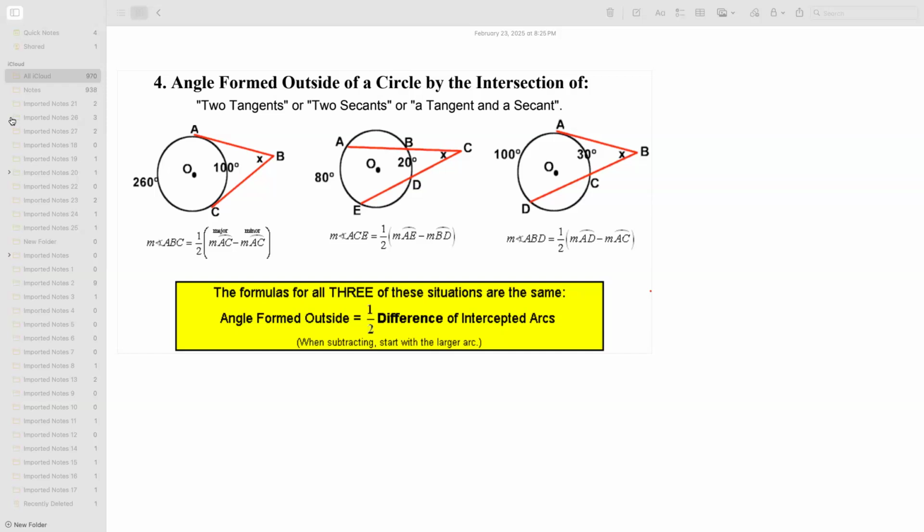Let's try this one. Okay, first I'll give you one question that is very easy. The second question, we'll make it a little difficult, okay? How about this? I would like to know the measure of angle A in the diagram.